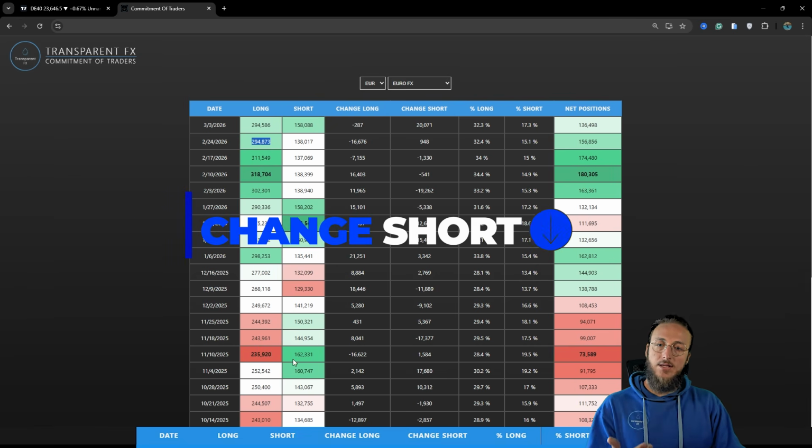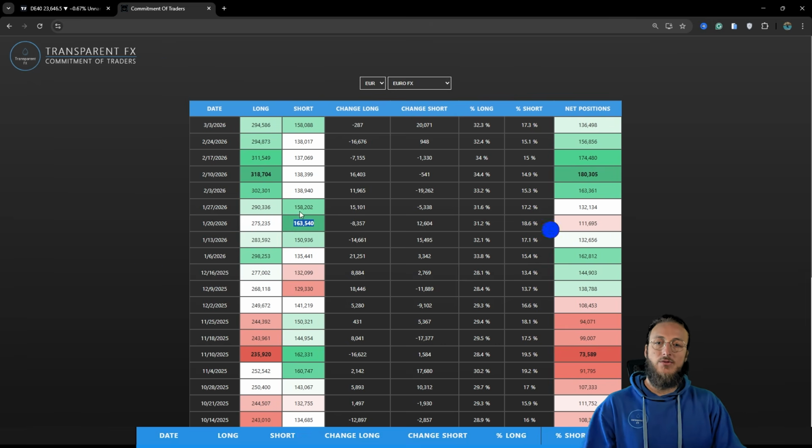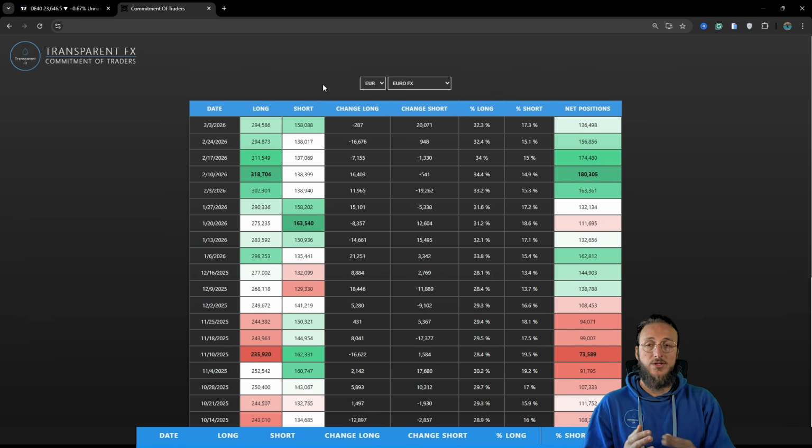Shorts were getting decreased from an institutional perspective from the high here at 163K all the way down to 138K. So essentially institutions were increasing their longs and decreasing their shorts on euro, effectively creating a stronger euro and a headwind against exporters, which usually translates into DE40 dropping lower.